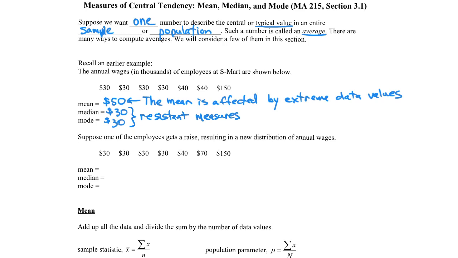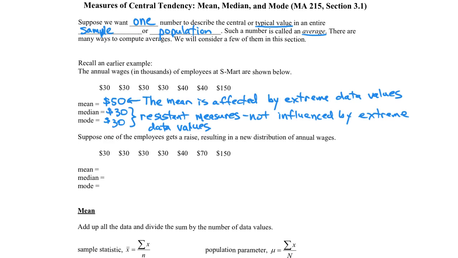These are not influenced by extreme data values. So they are said to be resistant.